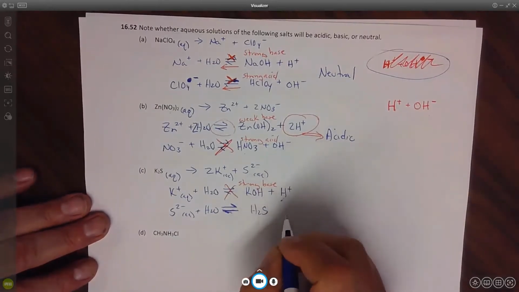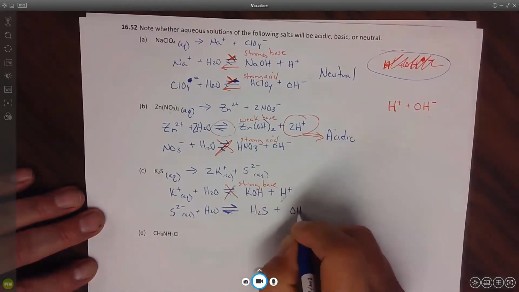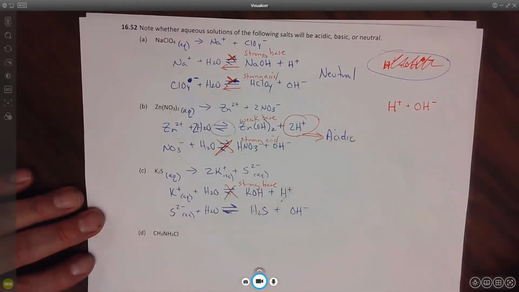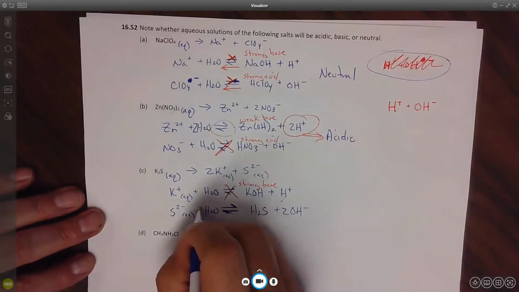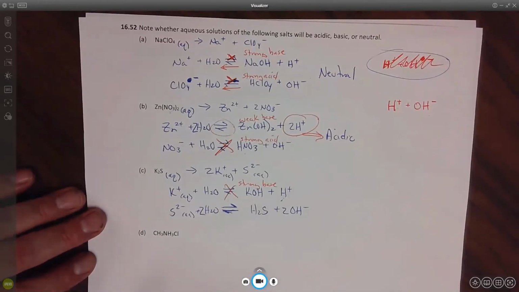And what will it leave behind? OH minus. How many of them? 2, right? Because we needed 2 for the S2 minus, so there'll be 2 OH minus, which means we use 2 waters. Now, what would you classify H2S as in water?